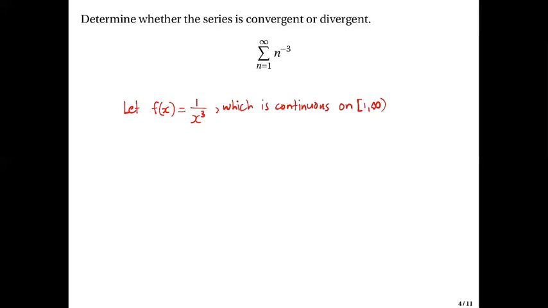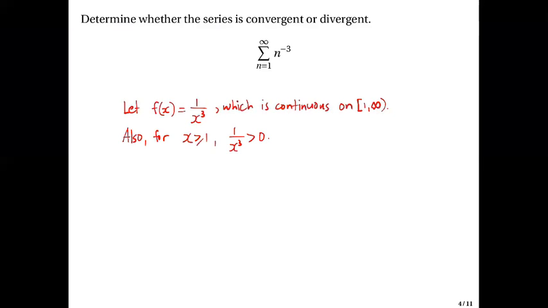We know that this is greater than or equal to 0 for all x on this interval. Also, for x greater than or equal to 1, 1 over x cubed is greater than 0. And furthermore, this is decreasing.